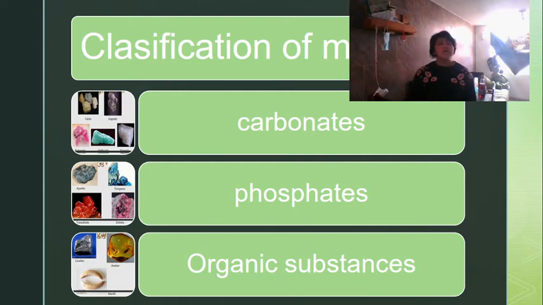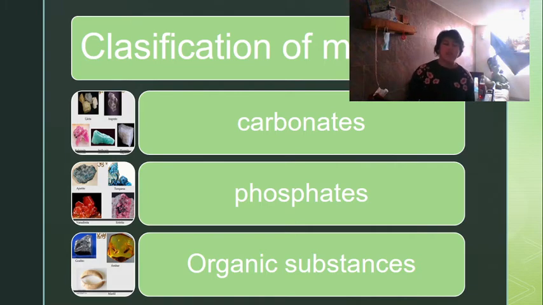Phosphates. It is a very large class. All phosphates are made up of the anionic phosphate complex as a fundamental structural unit. Among these we can mention apatite, monazite, lazulite, turquoise.